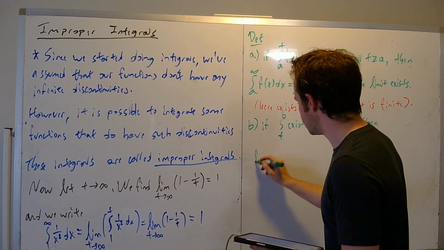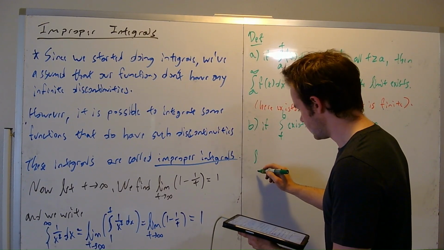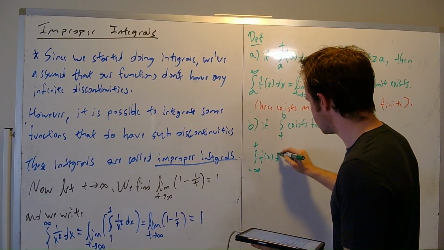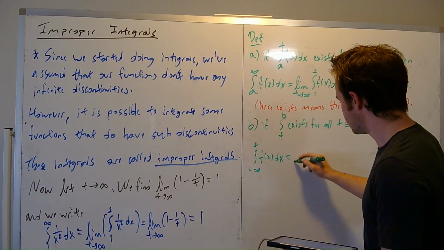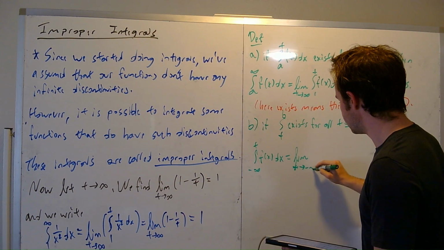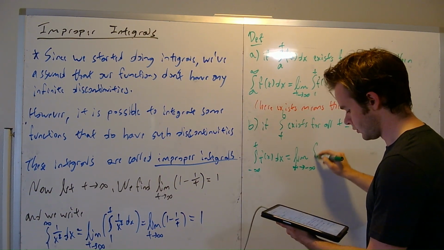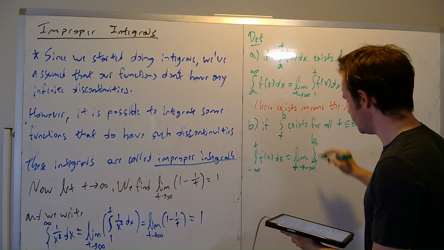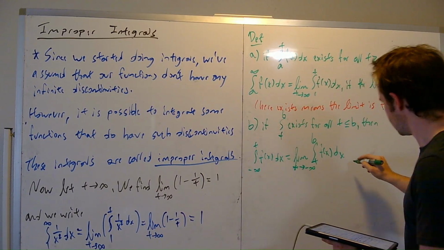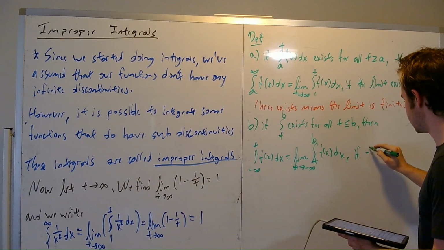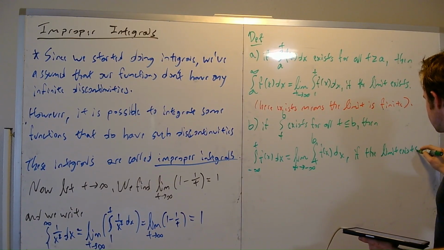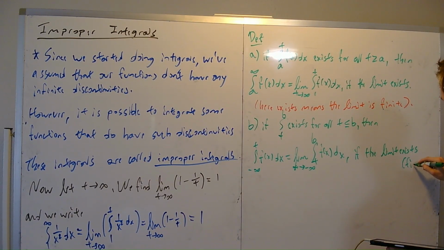What I meant to say is the integral from negative infinity to b of f of x dx equals the limit as t goes to negative infinity of the integral from t to b of f of x dx, if the limit exists, which means, of course, that it's finite.